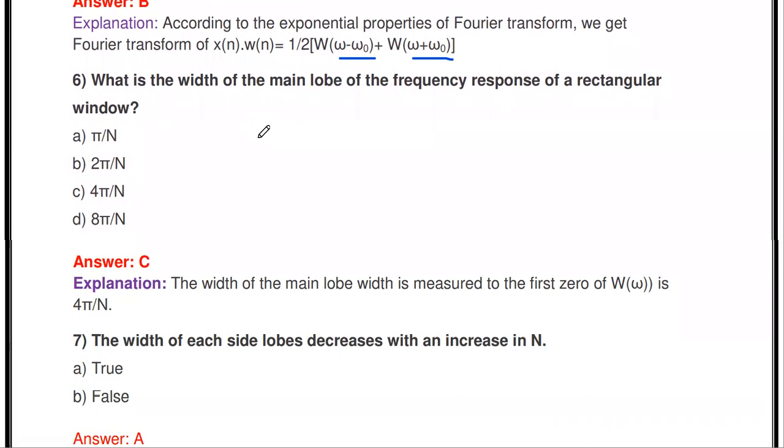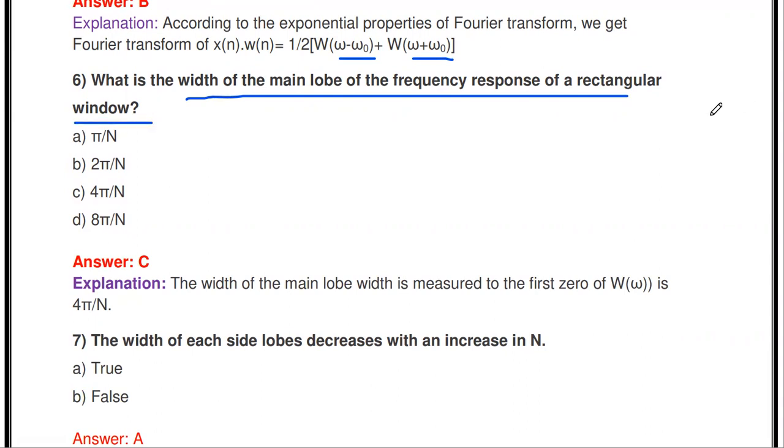Then the next one: what is the width of the main lobe of the frequency response of the rectangular window? If you take the Fourier transform of the rectangular window and draw the frequency response, we will get a spectrum like this.